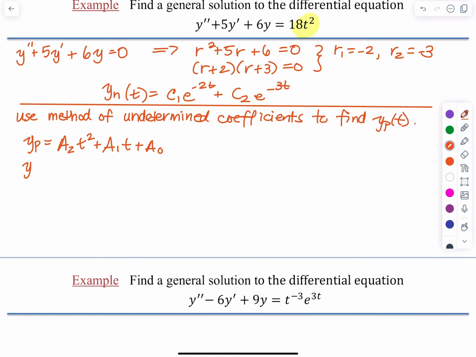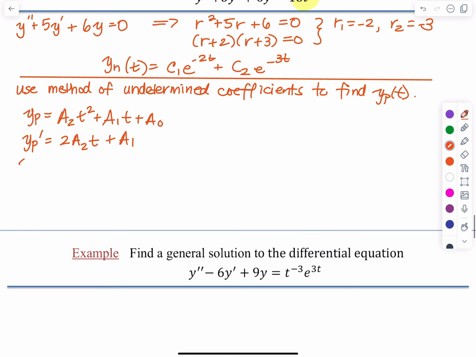So now we have yp prime is equal to 2a2t plus a1, and y double prime is equal to 2a2.